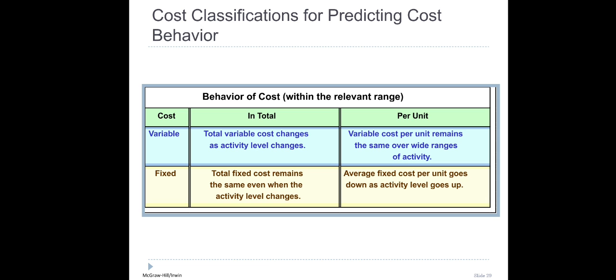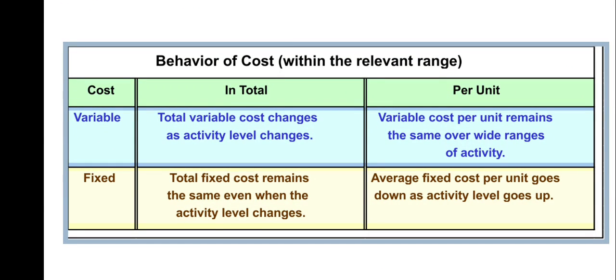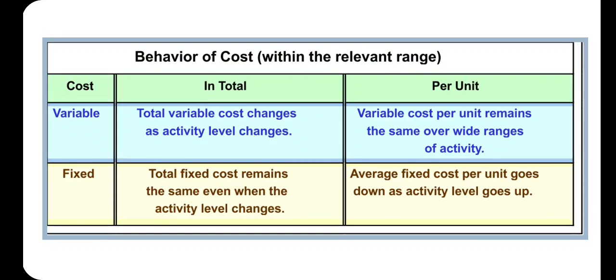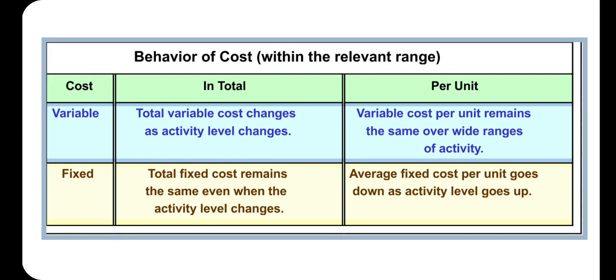But it is enough for you if you can understand this table here. Variable cost. Okay, let's see the summary here. For variable cost, the total variable cost changes as activity or quantity of production changes.